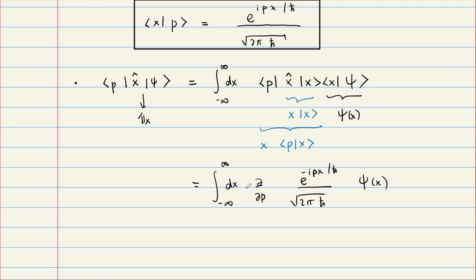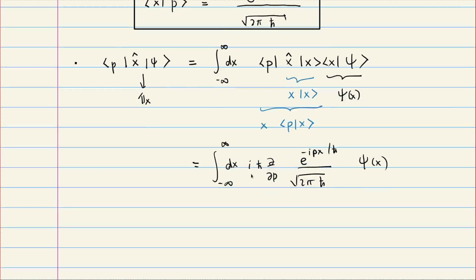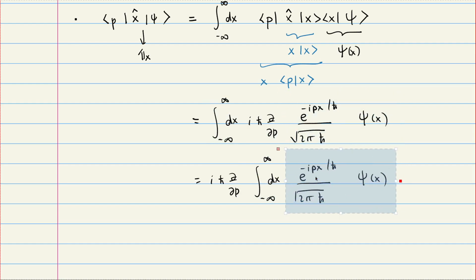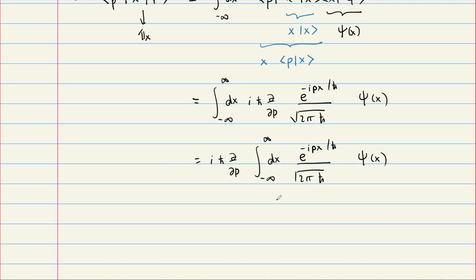So I need to multiply with h bar, and I also need to multiply with i. Then I can take this outside the integral, and what remains is our Fourier transform, so this is our phi of p.